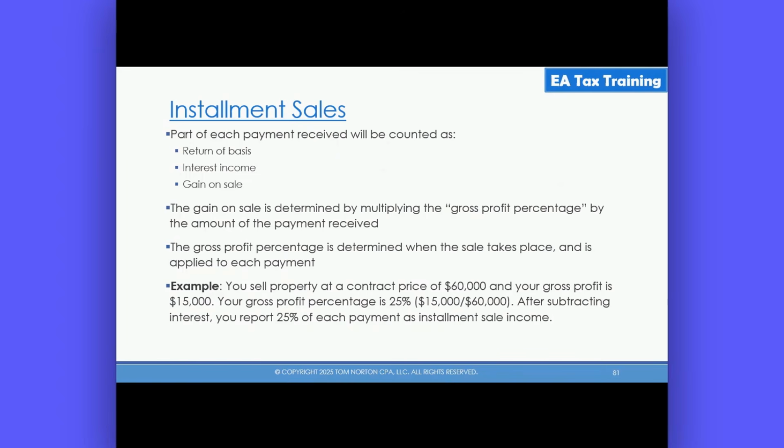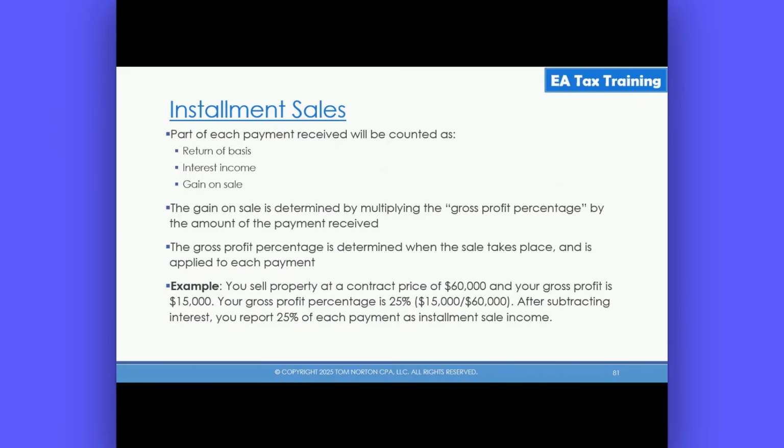So, for example, you sell a property with a contract price of $60,000 and your gross profit is $15,000. In this case, your basis would have been $45,000. So, your profit is $15,000. Therefore, your gross profit percentage is 25%. It's the $15,000 profit divided by the $60,000 contract price.